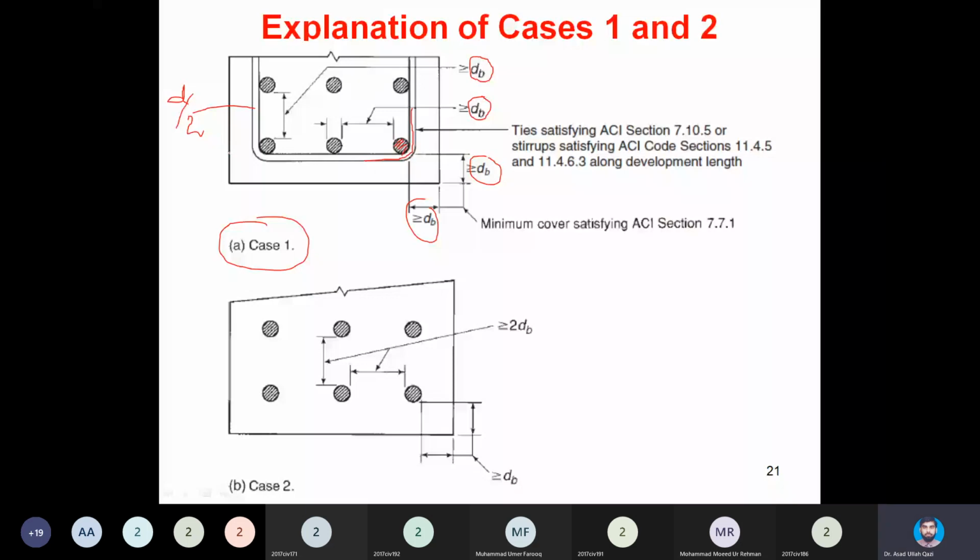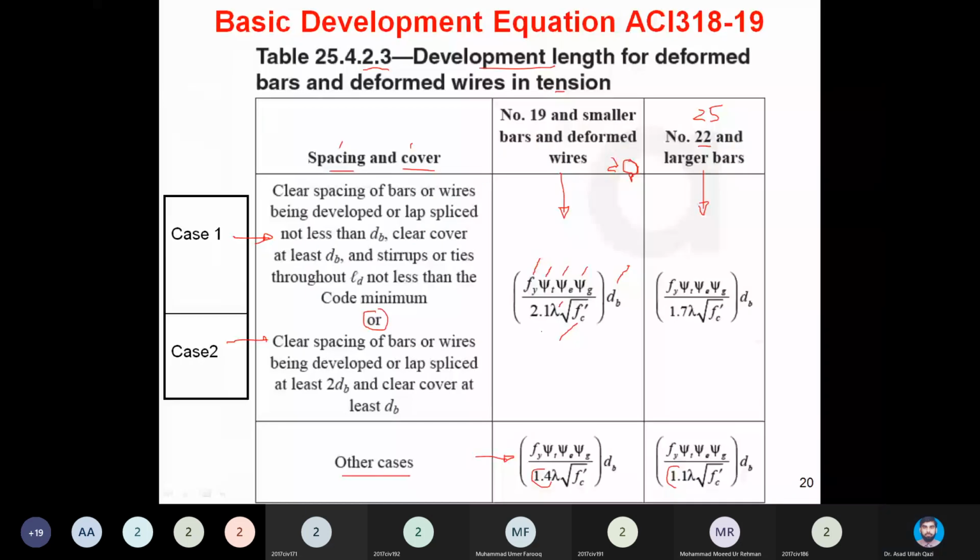So if this confinement is present along with the clear spacing, clear gap, and edge and bottom covers, then you are allowed to use these sets of equations for number 19 and lower diameter bars, and number 22 and larger diameter bars respectively.